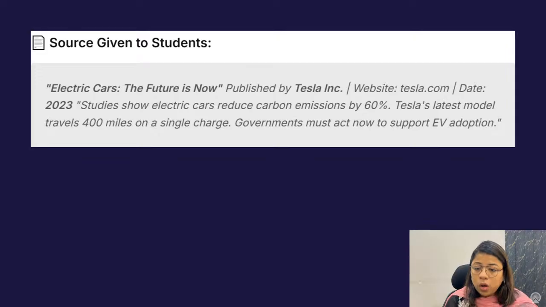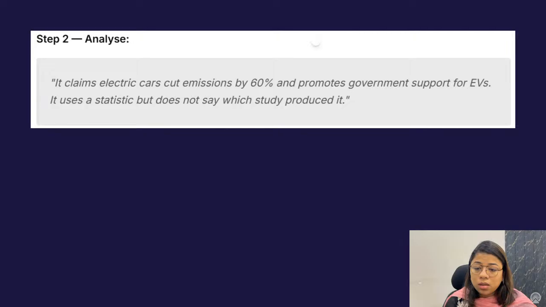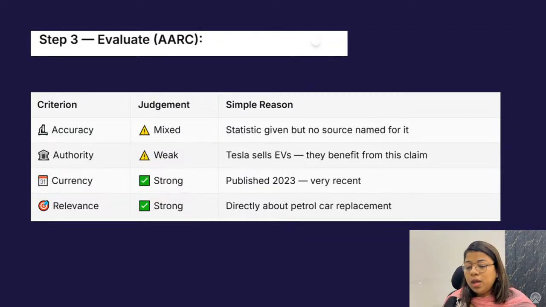Next, you will also focus on the third step. Evaluate using the ARC strategy: accuracy, authority, currency, relevance. Accuracy: not very accurate because a statistic is given but no source is named for it, so it is mixed. Authority is very weak because Tesla sells EVs and they benefit from this claim.